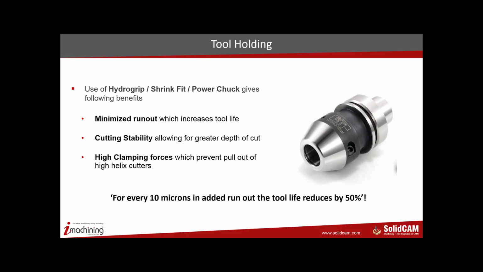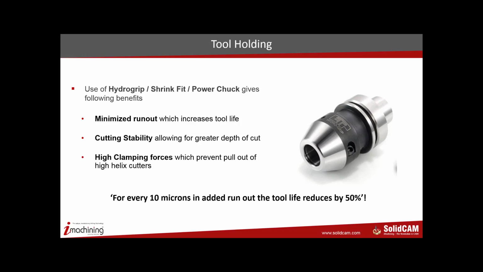And if you have minimum runout, it means that you have got a higher tool life. And hydro grip, shrink fit, and power chuck also give you great stability in cutting. And when you have great stability, you can actually have longer tools, and you can actually take much bigger depth of cut than you would probably take by holding the tool using a collet.